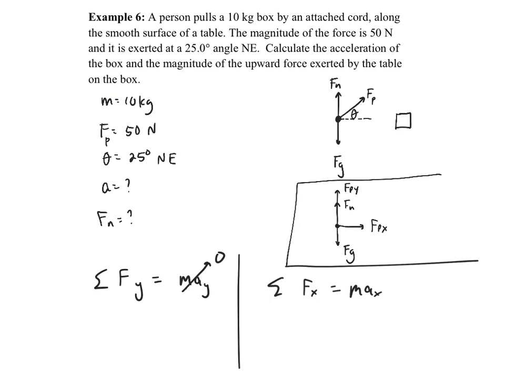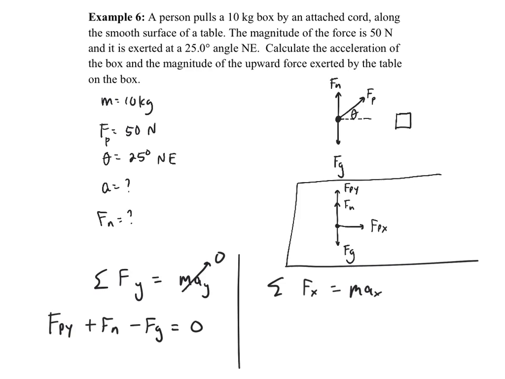The sum of the forces in the y direction. What forces are acting in the y direction? We've got a couple here. Give me one, go ahead. F_Py. I agree. F_Py is a positive force in the y direction. What else is another positive force? Normal force. And finally, what's the only negative force? Gravity. Gravity is the only negative force, and that equals 0.